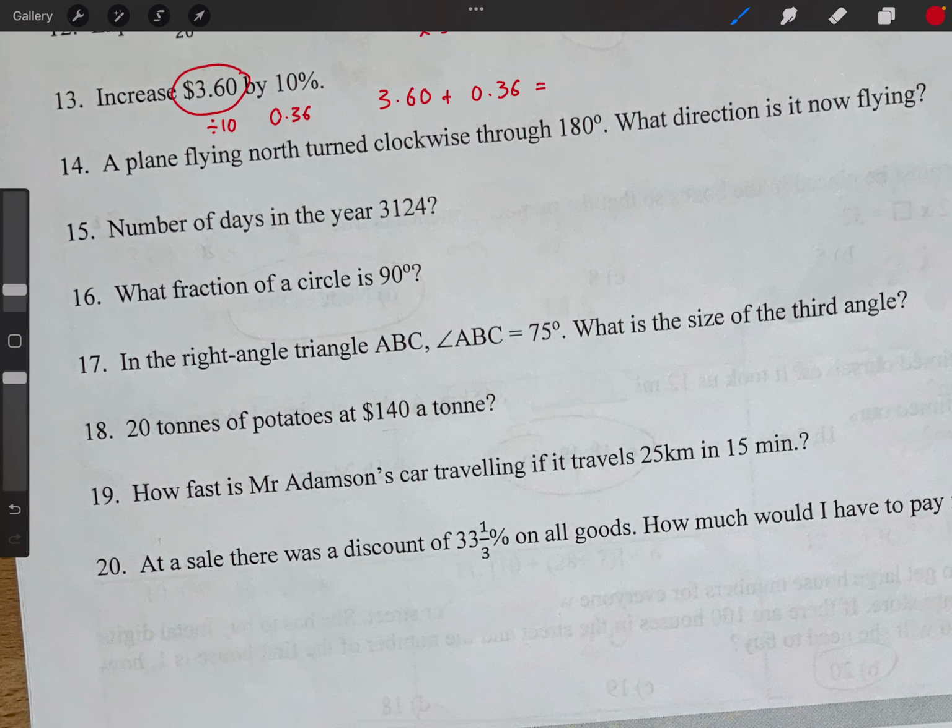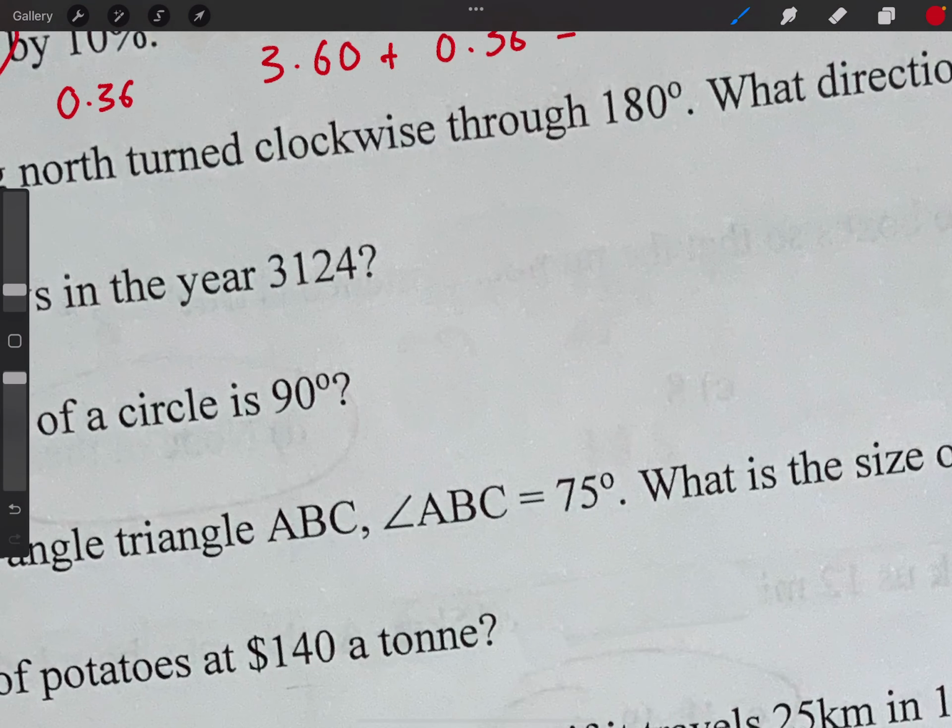Question 15. Number of days in the year 3,124. Okay, so all we're going to do is find out whether this number is divisible by 4. If it is, then it's a leap year. And leap year will have 366 days, while a normal year will only have 365.